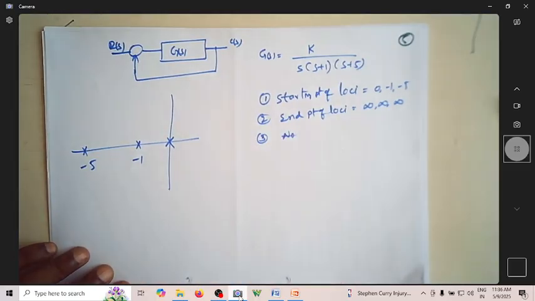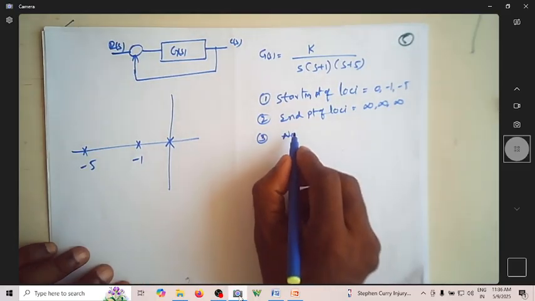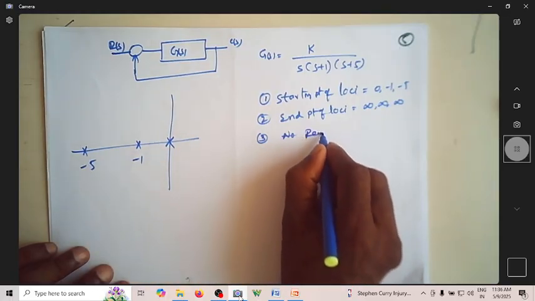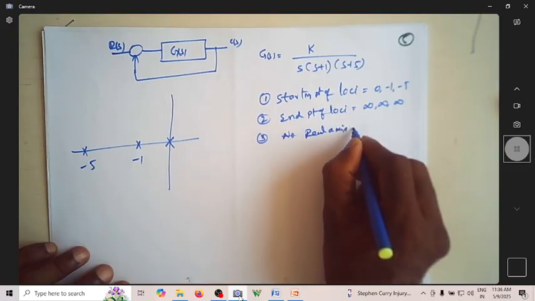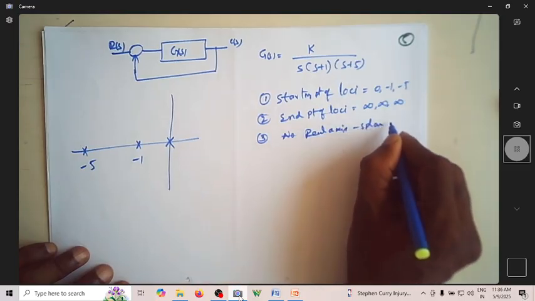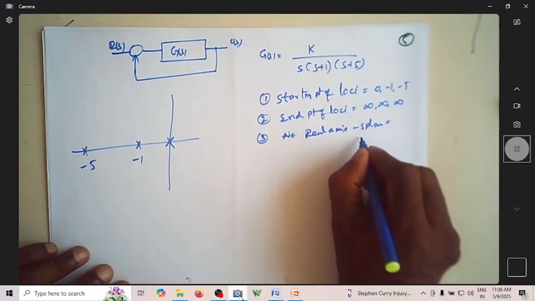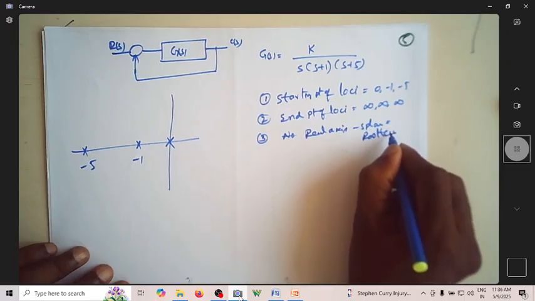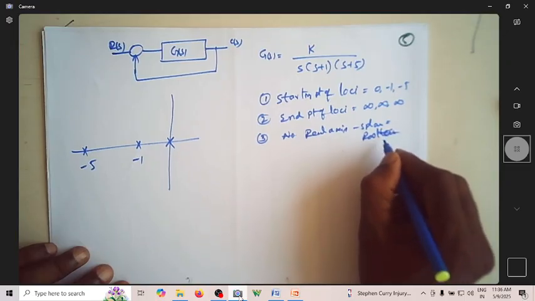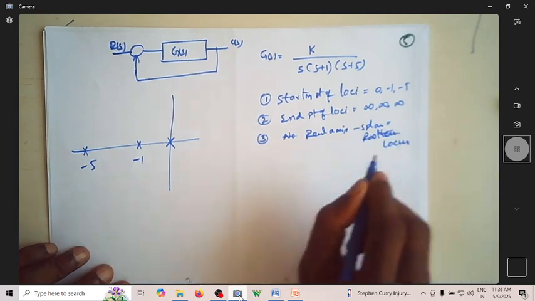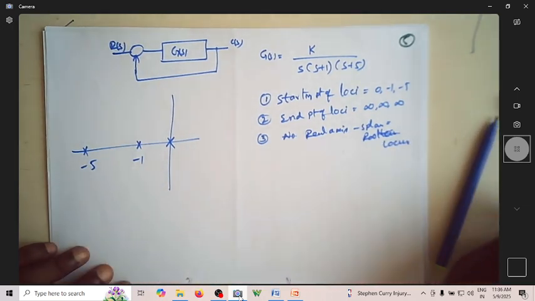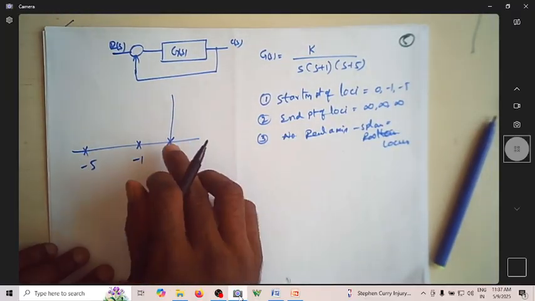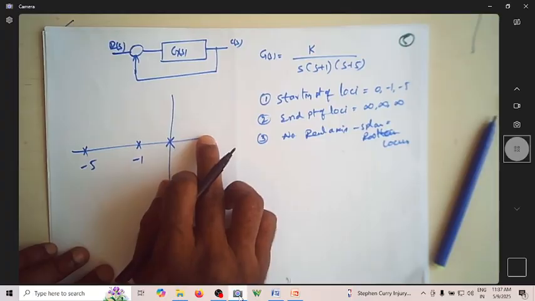Third one is which part of the real axis of the s plane is a part of the root locus. We just have to partition it. You stand on this side and count how many poles and zeros are to the right.